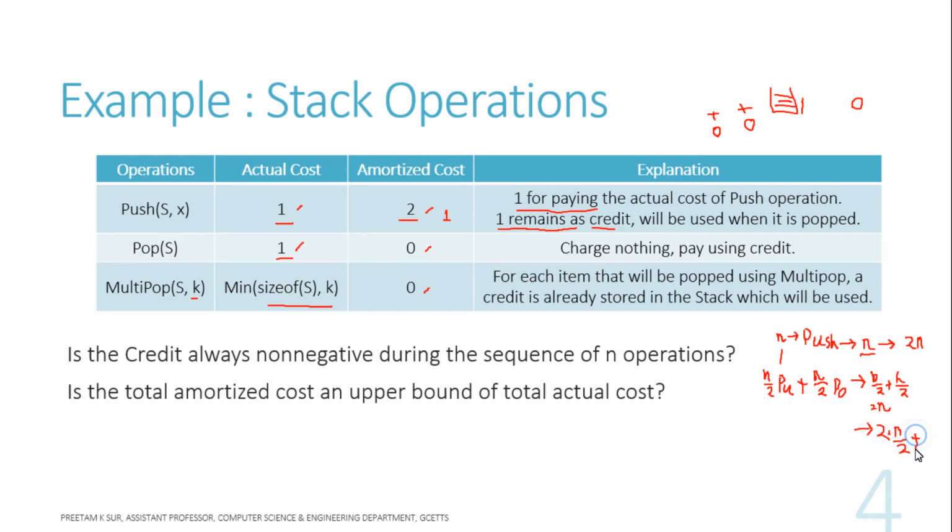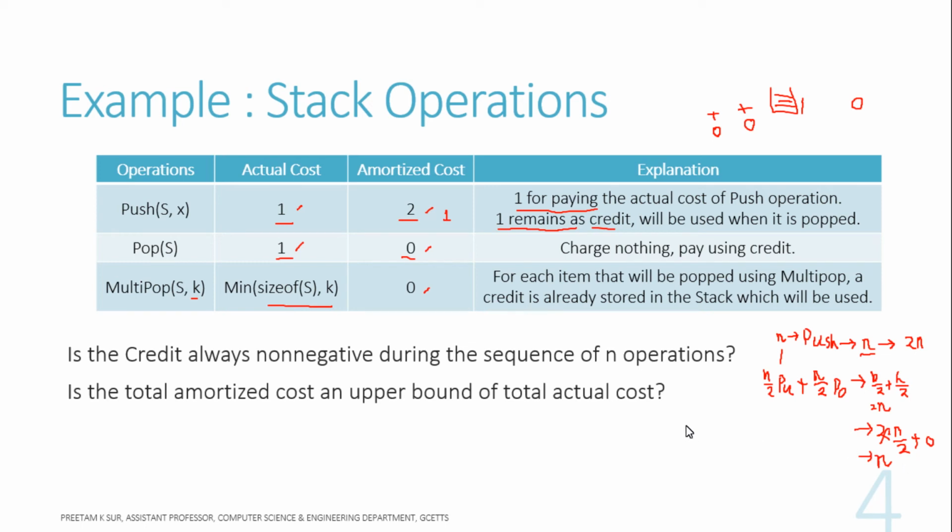Plus for pop operation the amortized cost is 0, so 0 into n by 2 is 0. This gives the total amortized cost of n. So again you can tell that the actual cost n is less than or equal to the amortized cost n, so it is giving an upper bound.